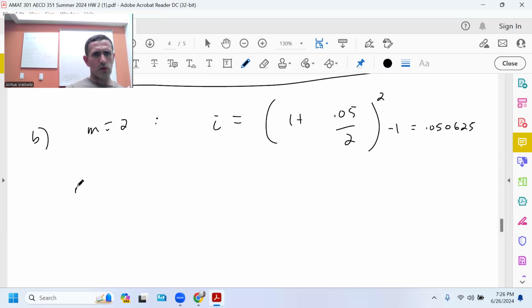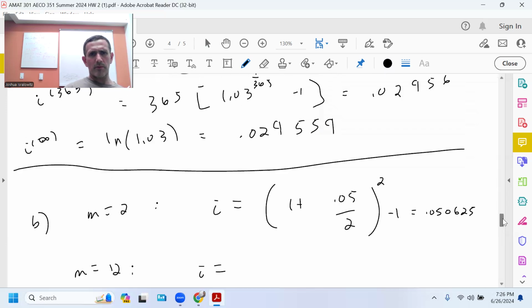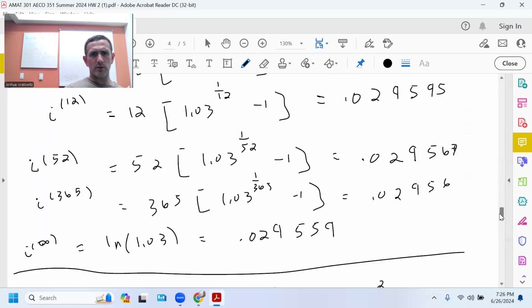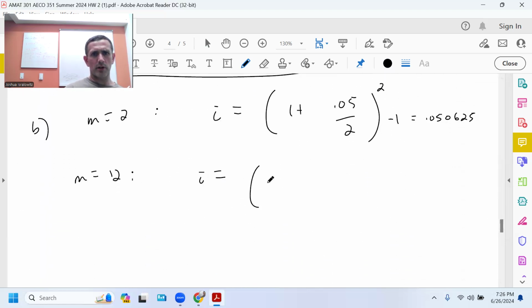0.05065. I'll just do M equals 12. So again, I just want to emphasize, always for this problem, or for part B, I^(M) is 5%. We're just plopping into our formula.